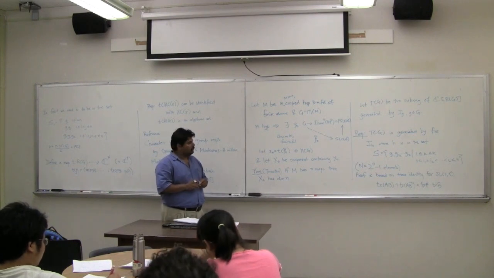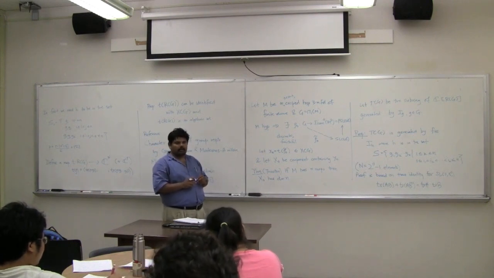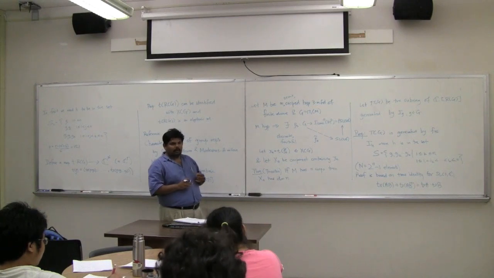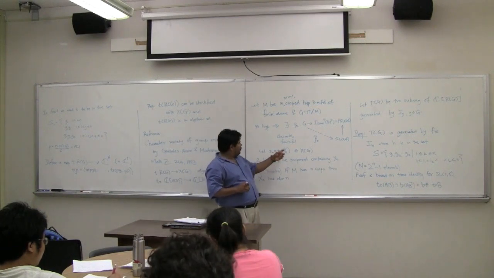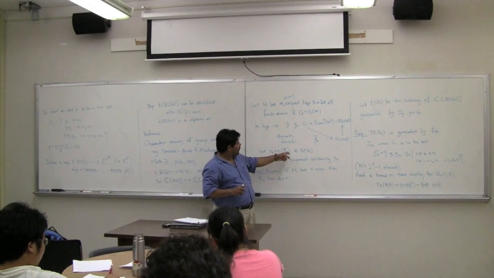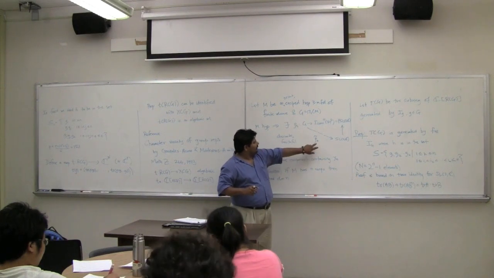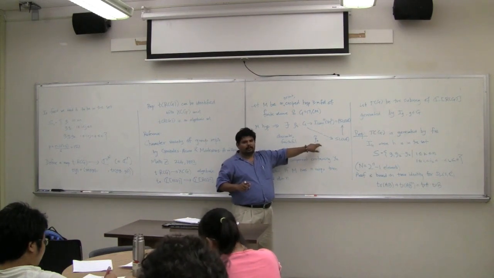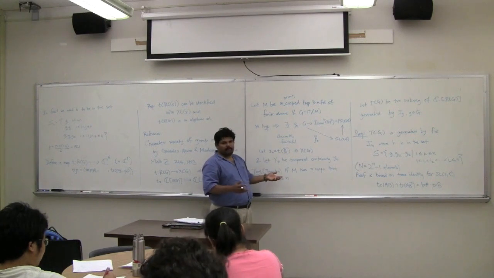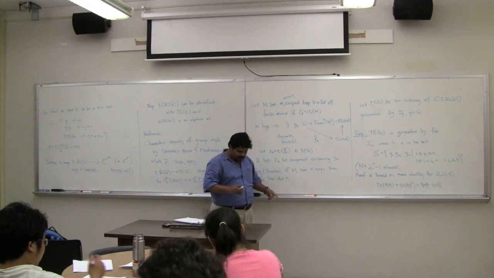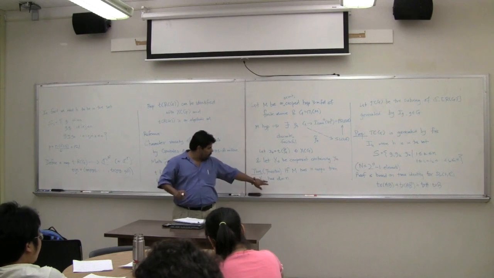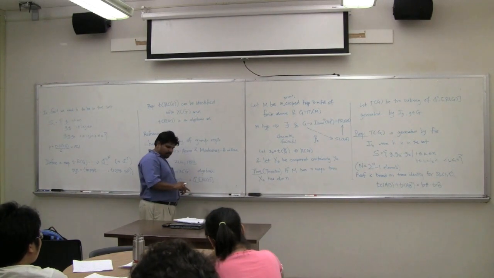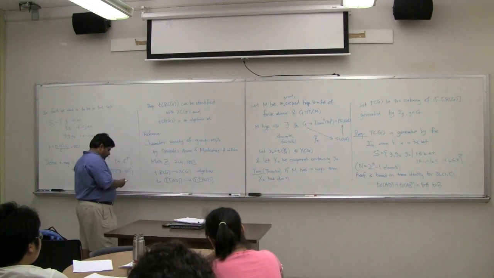So little x naught might be in more than one irreducible component. Yes, that is trickier. It's not just that this lift is not unique; you can actually have many X naught components. But the real key is that I'm just going to make a couple of remarks about why this is true.